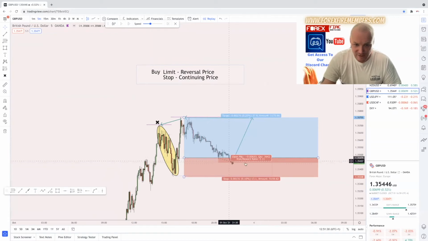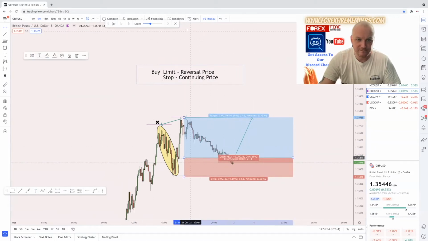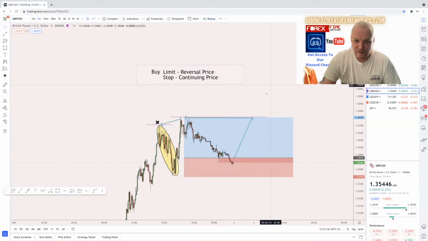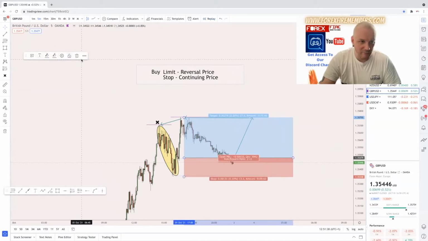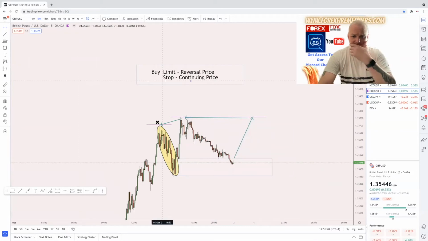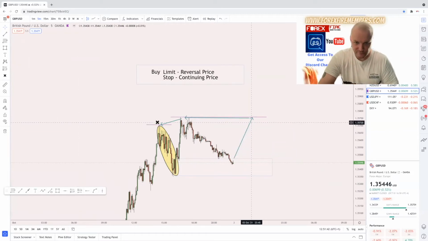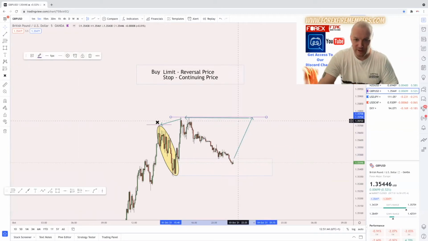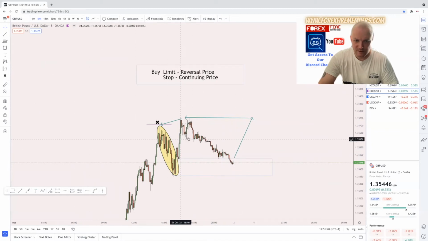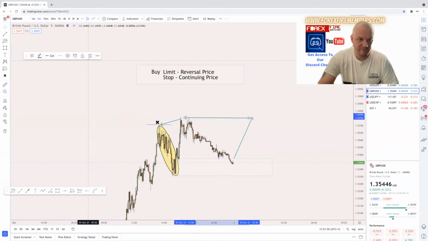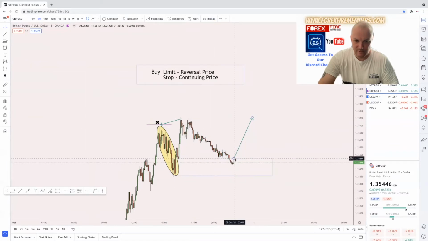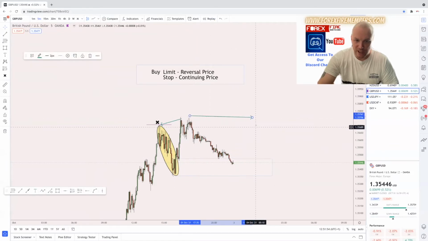Now, if we were looking for a sell limit, price is moving down at the moment.